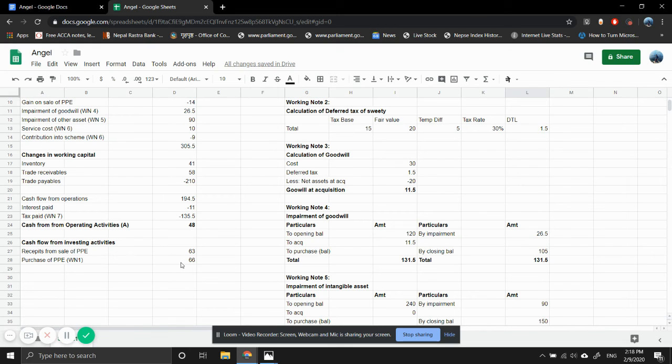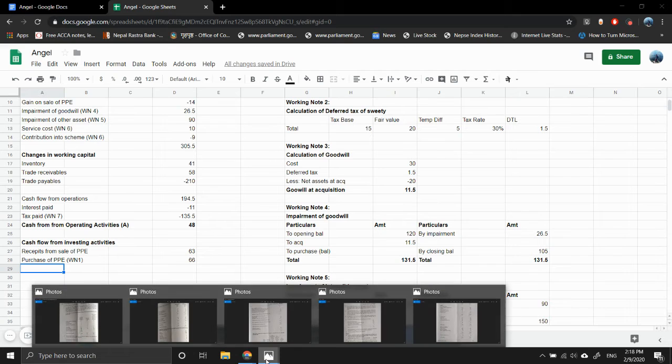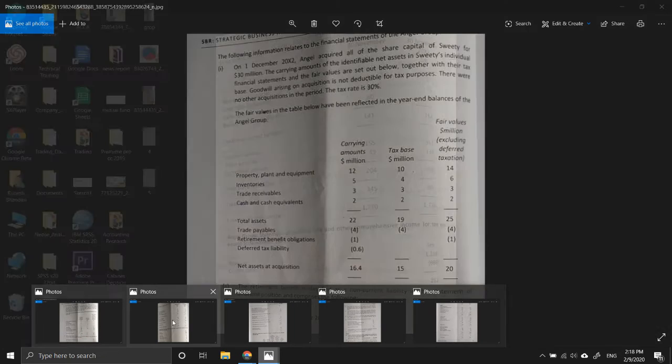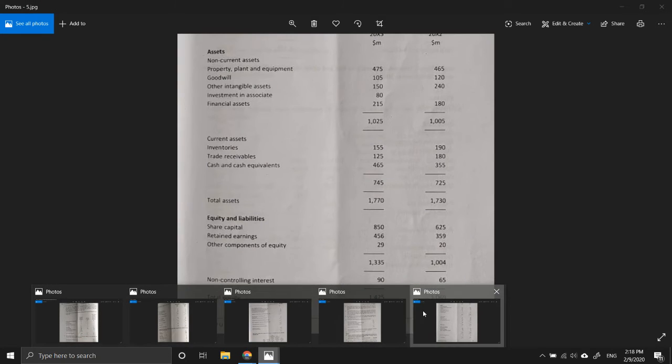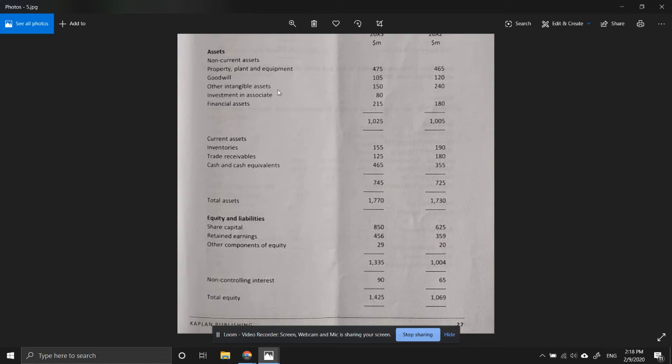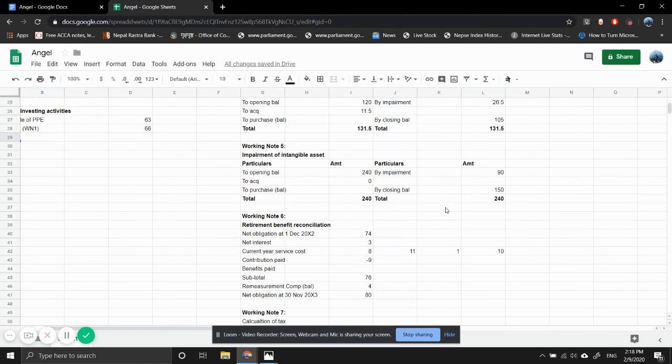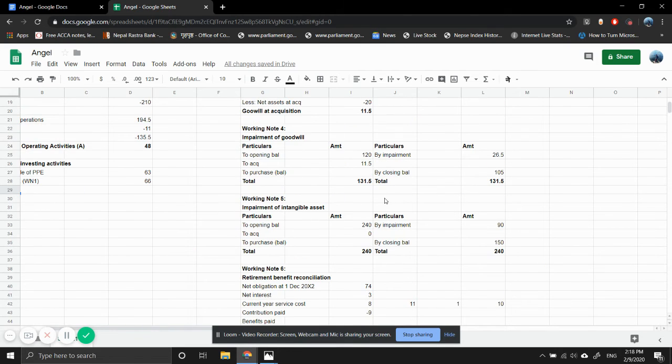It is 66, right? And then after that, what have we sold in case of assets? Let's look at assets. What's there? Goodwill, no need to worry about that. Other intangible assets. Was there any purchase of that? Nope, only impairments.